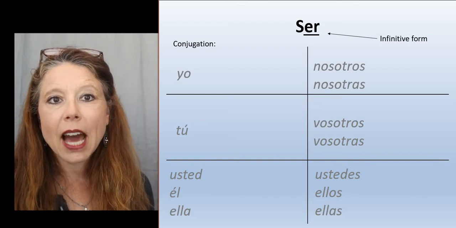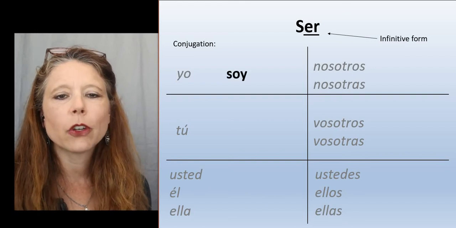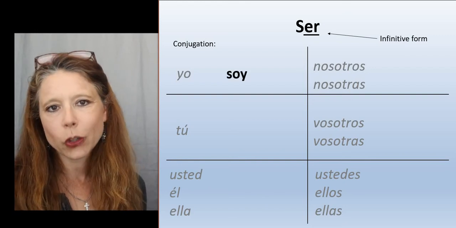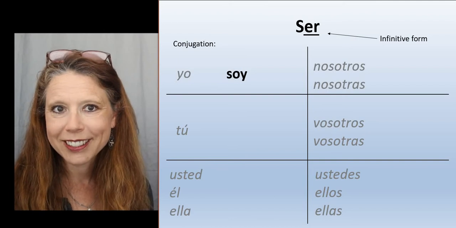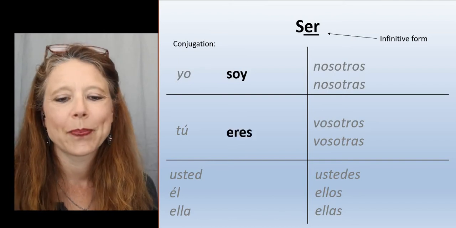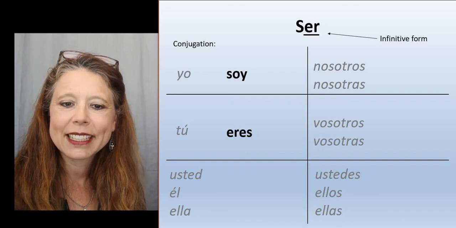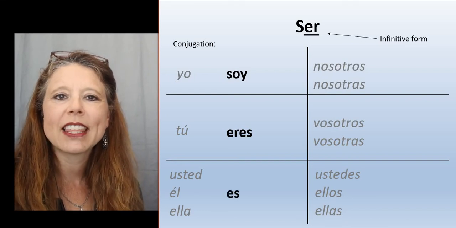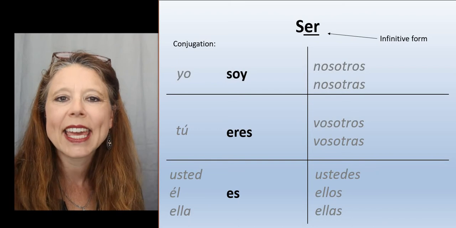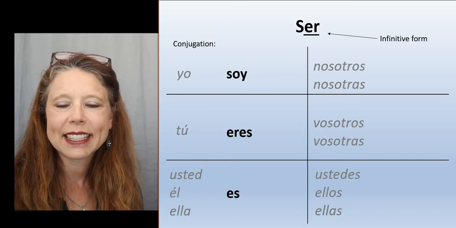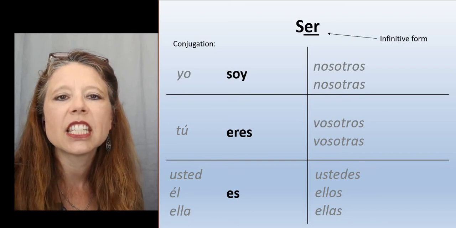When we want to say I am using ser, we say yo soy, or we can just say soy. Like soy sauce, right? Soy. Tú eres. Eres. Usted, él, or ella es. Es.